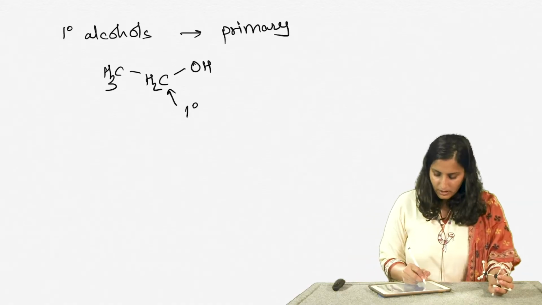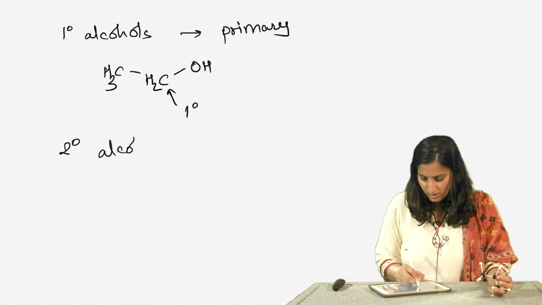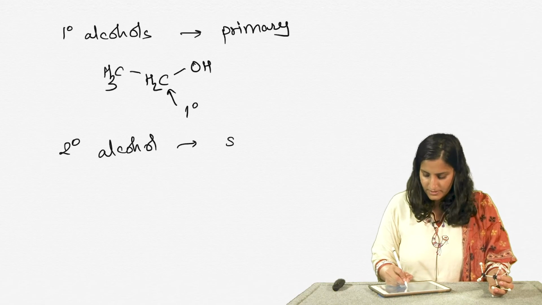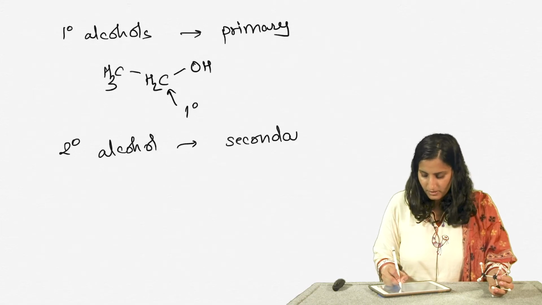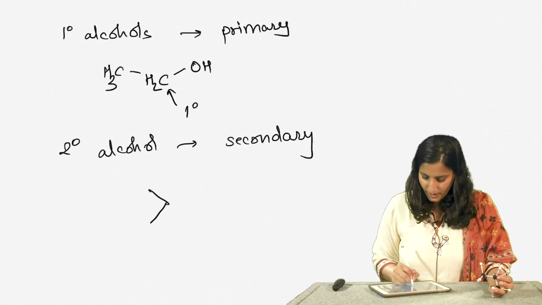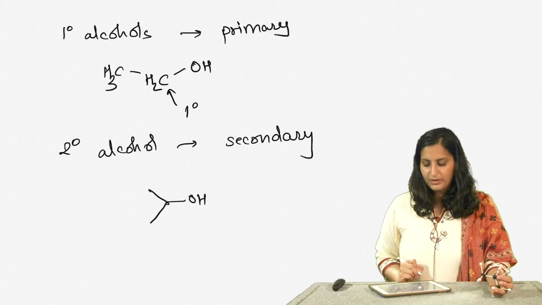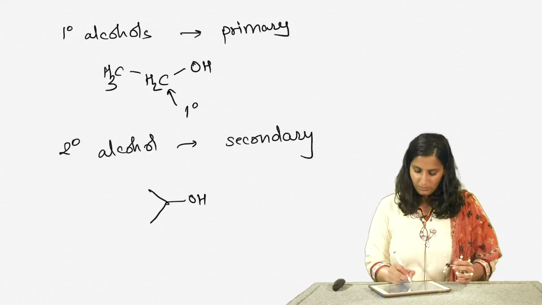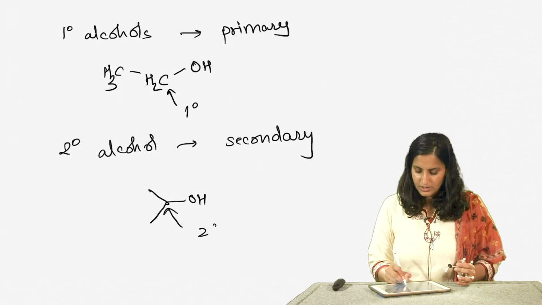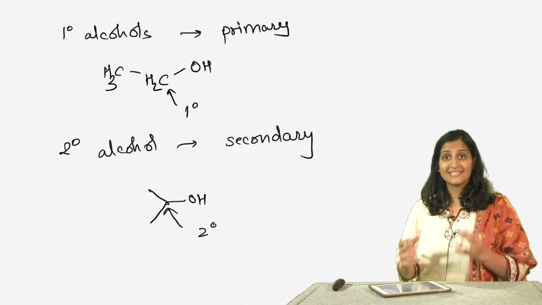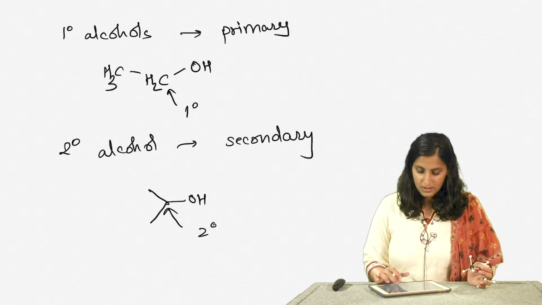A secondary alcohol will of course have a secondary carbon. So, for example, the one I have in my hand, isopropanol, is a secondary alcohol because the carbon that the OH is attached to is a secondary carbon, it is attached to two alkyl groups.